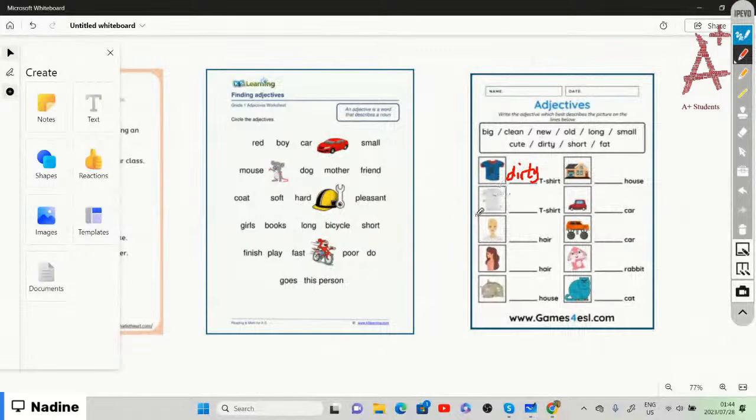And then the next one looks spotless clean. So we have clean and we have dirty. If we now describe the hair on both of these ladies, the one we can say is short and the other one we can say is long. So short hair and long hair.